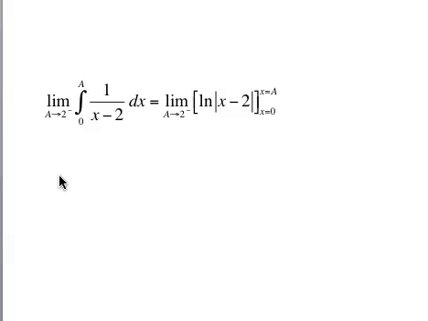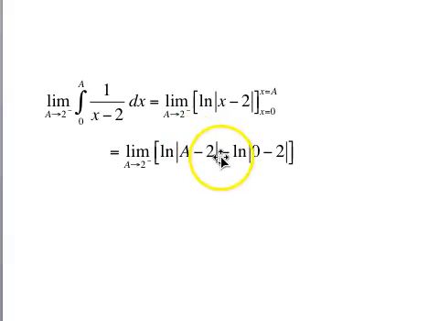The antiderivative of 1 over x minus 2 is natural log absolute value of x minus 2 evaluated from 0 to a. Plugging in a, natural log of absolute value of a minus 2, plugging in 0, natural log of absolute value of 0 minus 2. We are approaching 2 from the left, so it's 1.9, 1.99, 1.999. 1.999 minus 2 is a negative number.